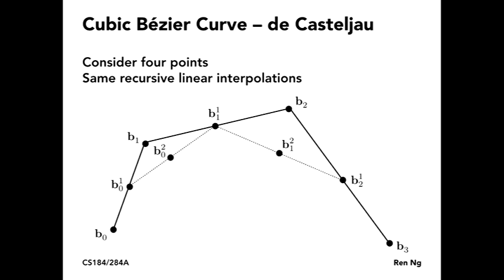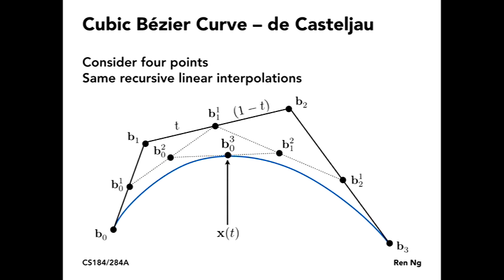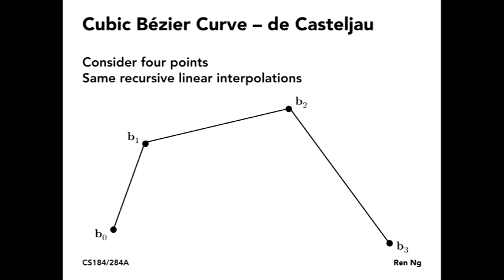Now we subdivide again, join those, and then the final point over here. So B30 in this case, for this cubic Bezier curve, is going to be a point on that final cubic Bezier curve. And here are all the t ratios again.